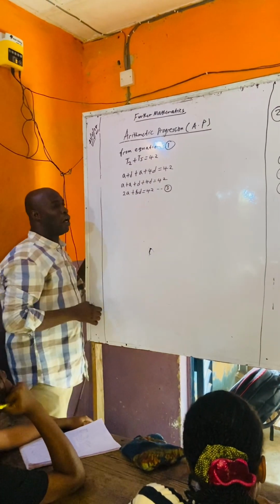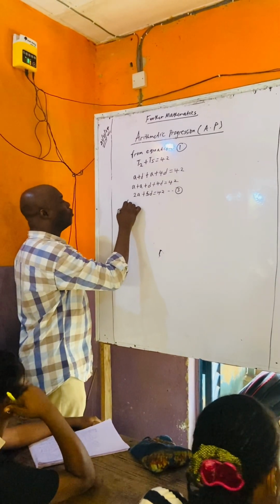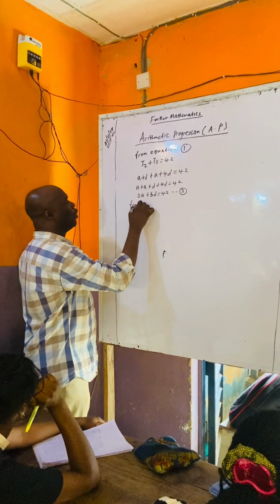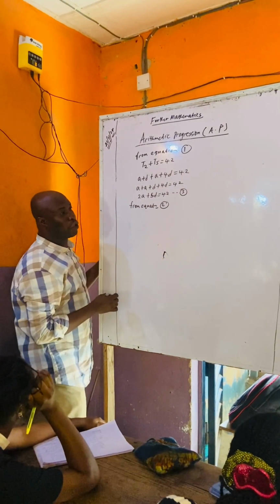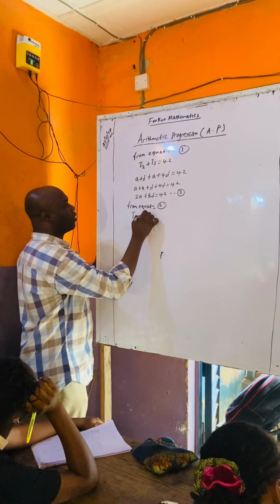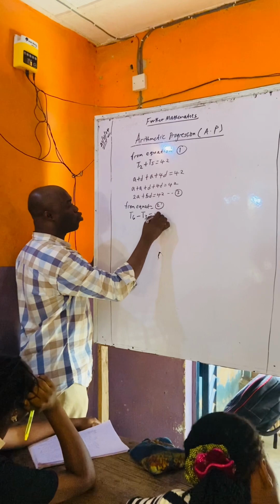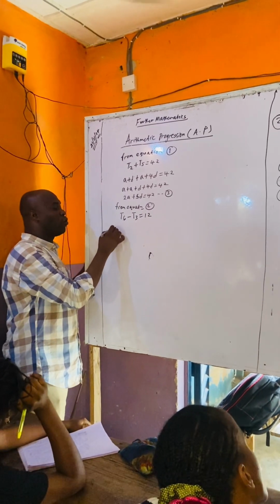Good. Alright, so let's move to another one from equation 2. Equation 2 is T6 minus T3 equal to 12. T6, 6th term, is going to be what?